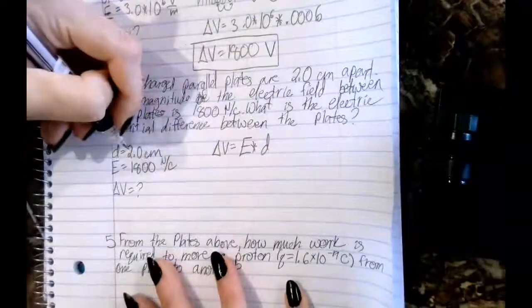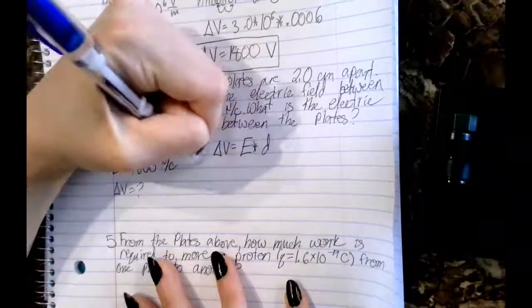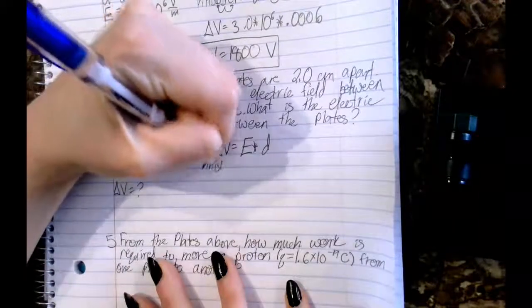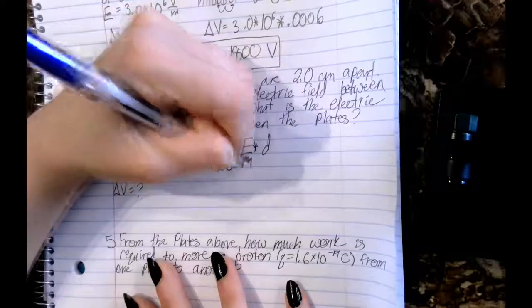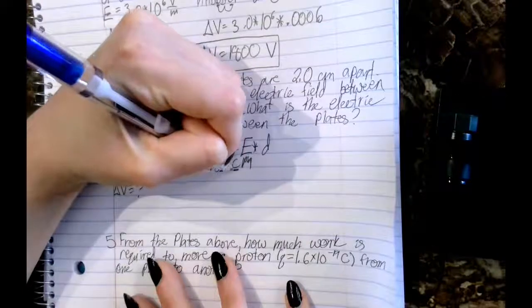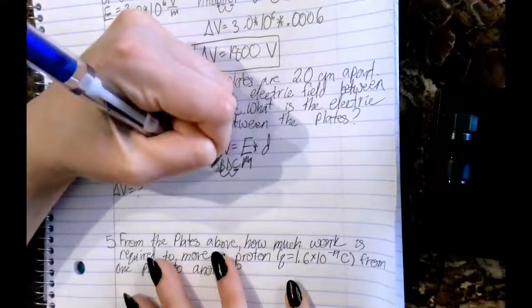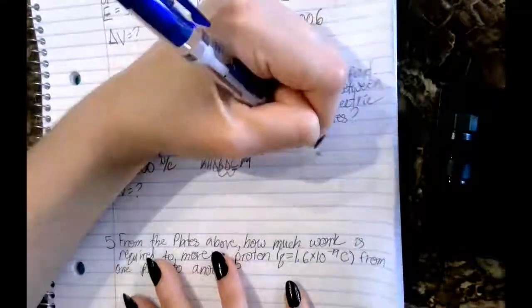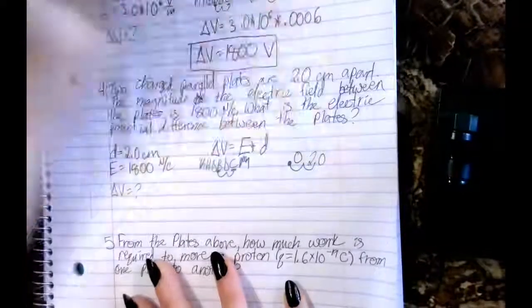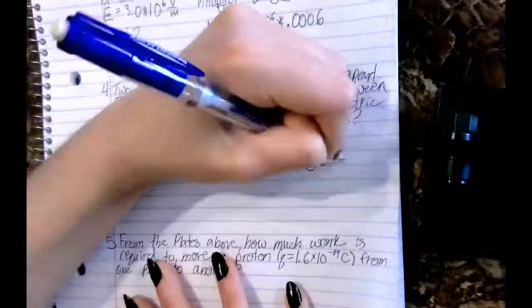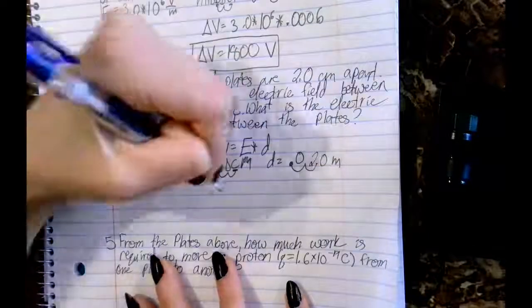We need to take our distance and turn it into meters. King Henry died by drinking chocolate milk. Oops. I'm sitting at centimeters. I want to go to meters, so I'm going to move my decimal place 1, 2 to the left. 2.0 is going to become 0.02 meters. Now that we know that, let's plug it in.